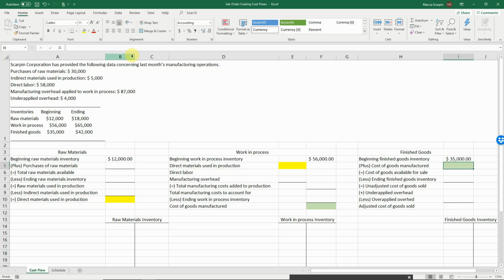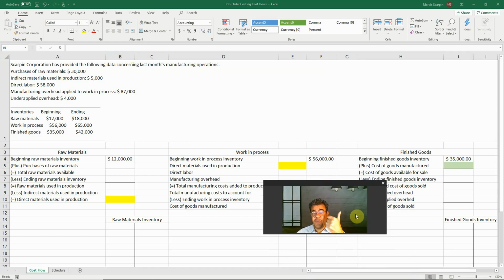And we are working here with periodic system. And remember, periodic system, we work with the cost of goods sold formula. Let me put it here. Beginning inventory plus purchase or production less ending inventory. And if we find this formula for everyone, we will be good.